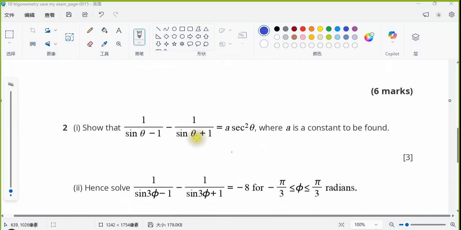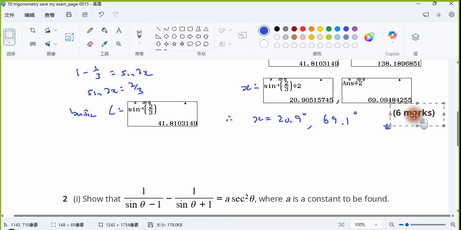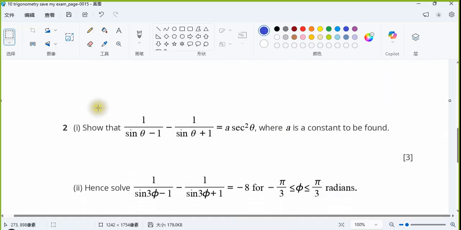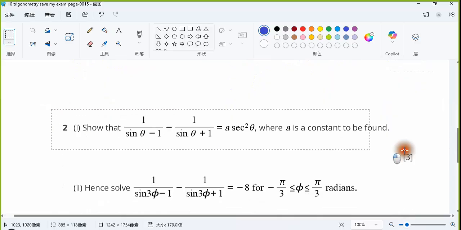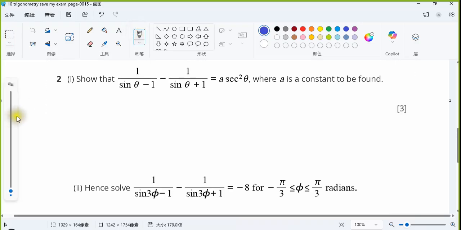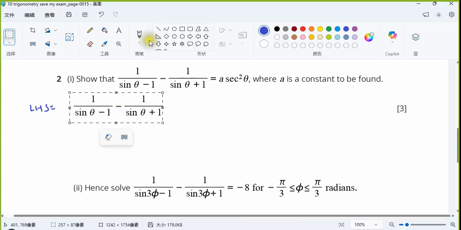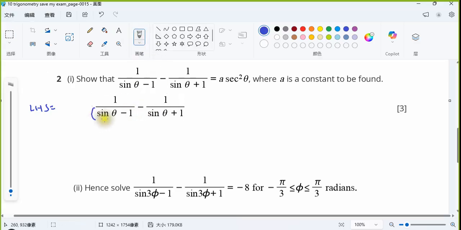So question number 2, we need to show that this. Okay, so the left hand side is equal to this one. And then for this, we multiply with sine theta plus 1, and then we multiply with sine theta minus 1.